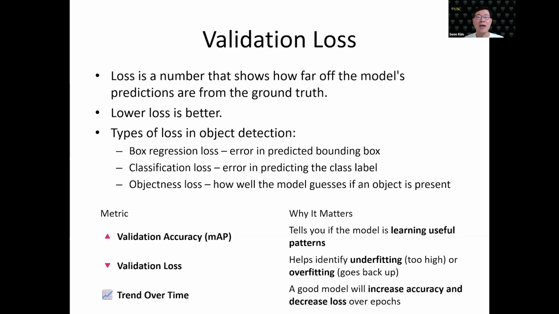Then that is another error, a classification loss. Another case is the objectness loss. This means how well the model guesses if an object is present. Sometimes we are just missing it. Then there is no bounding box, there is no classification, and that is an error situation. Using these metrics, we can also discuss the accuracy of the model.